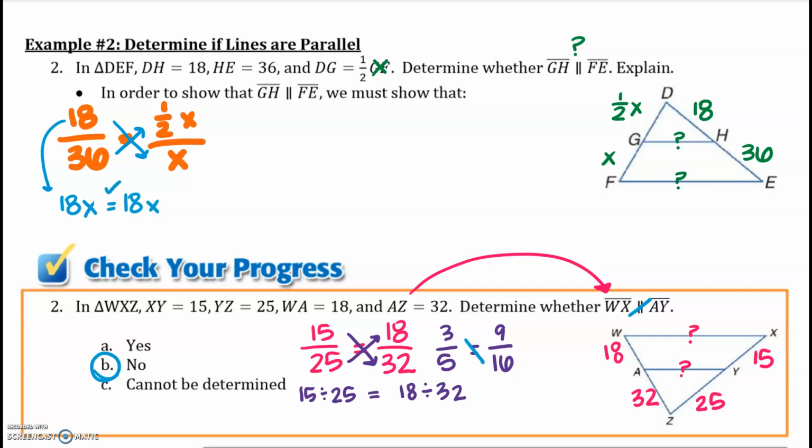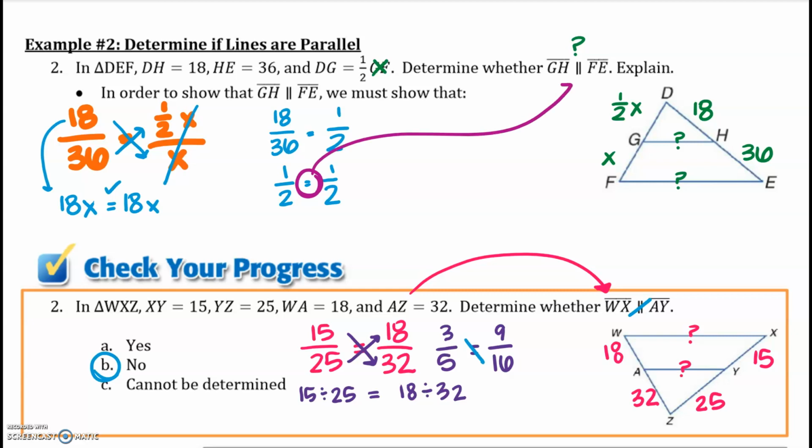So that would say yes. You could reduce your fraction to say, does 18 over 36 equal 1/2? Because your X's would cancel. That would be 1/2 equals 1/2. So because those are equal, then I can prove that my lines are parallel. So GH would be parallel to FE.